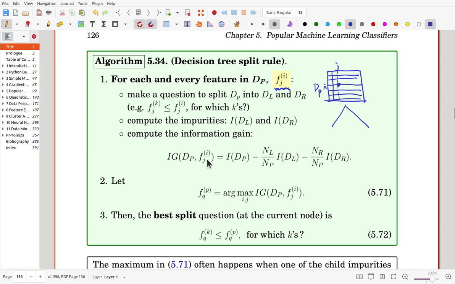So i, j is moving through the whole data set, and we have this information gain. Among them, now we choose the maximum one. The one which makes it maximum, so that p and q are chosen, that is the pth data point and the qth feature.